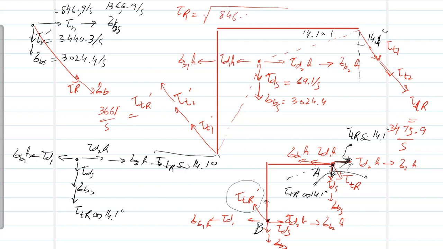So tau r is equal to the square root of (846.9 divided by s) square plus (3440.3 divided by s) square. Clear?